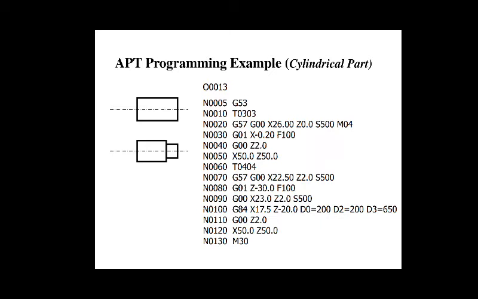Now the next block is N0070 G57. G57 is for the work coordinate offset, and G00 is a rapid movement, which means there is no cutting. The tool's location is X22.50, which is a diameter of 22.50, with a radius of 11.25 from zero, and Z2.0 is the Z location, and the spindle speed is 500 rpm.